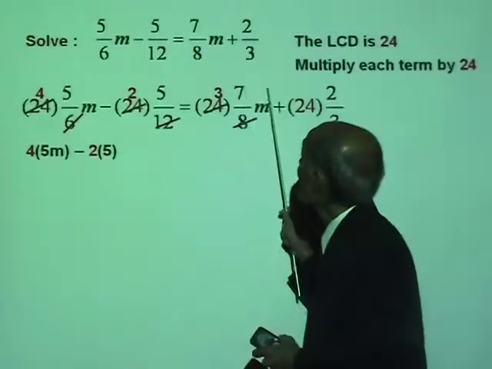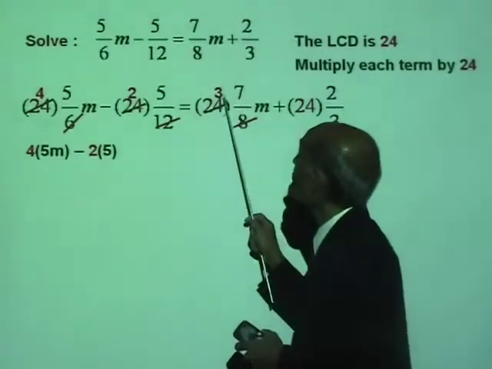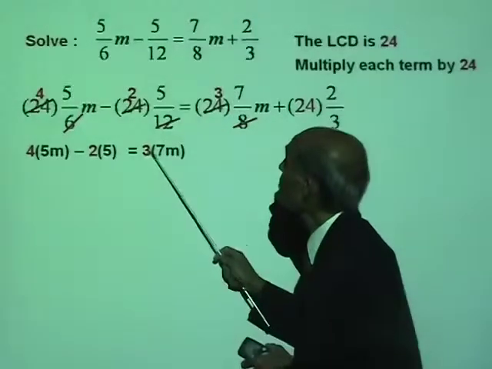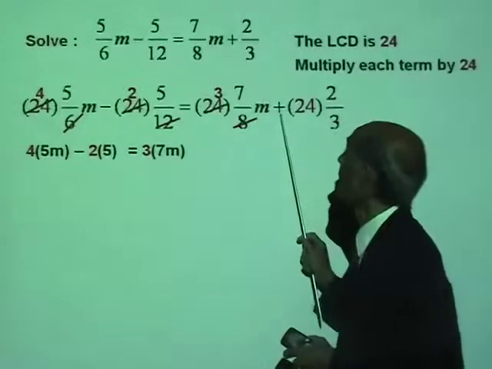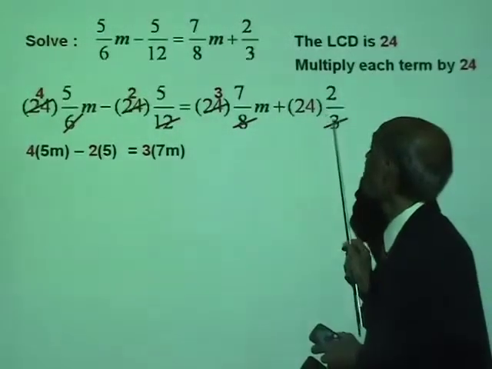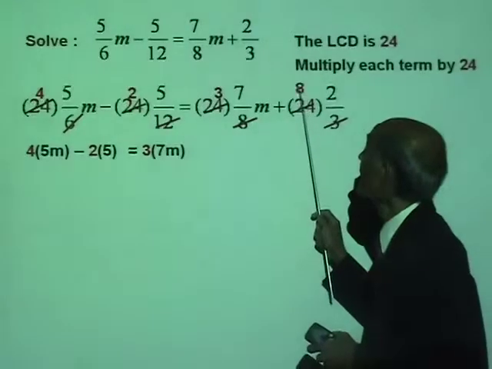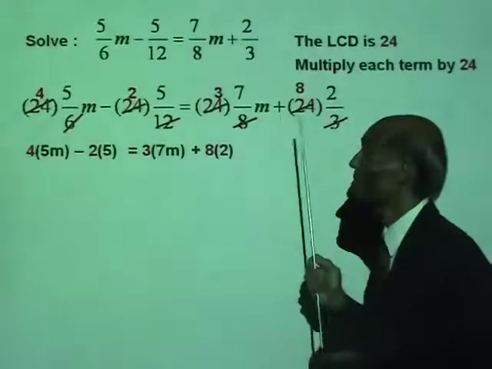And this term now becomes 3 times 7m. And plus, 3 goes in 24 how many times? 8 times. And this will be 8 times 2.